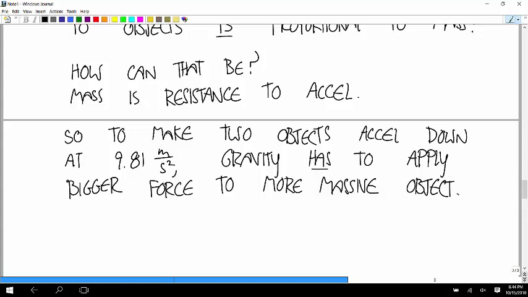Imagine the car, you have to push pretty hard to get it moving. The skateboard's really easy. Well, you're going to have to apply a much bigger force to the car to make it accelerate at 1 meter per second squared than you are on the skateboard. And it works the same with gravity.